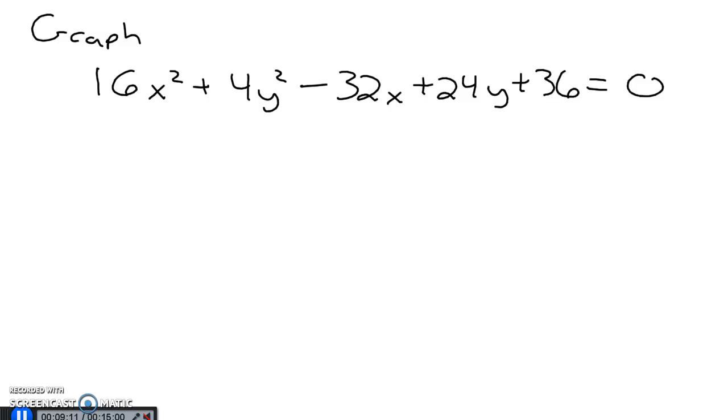Now here we're in standard form. We're going to have to graph this still. We're going to have to get it into the form that we're comfortable graphing with. We'll do that by completing the square. We're going to separate out the x portions.